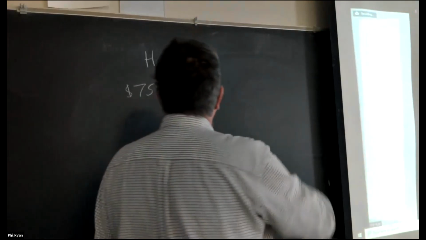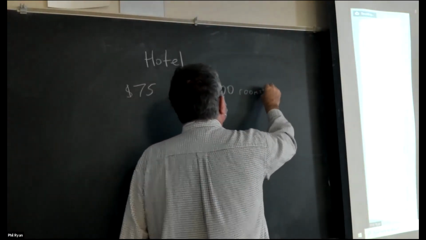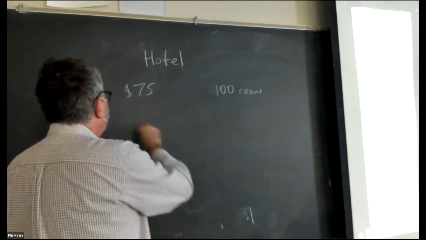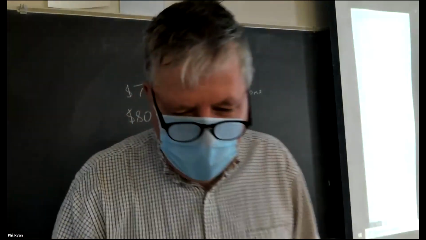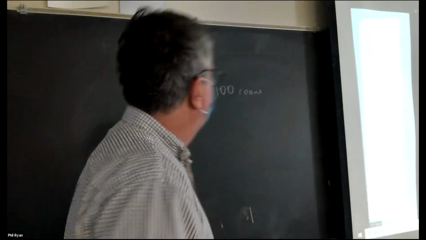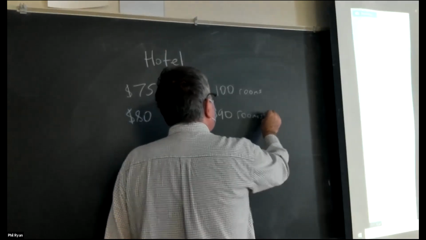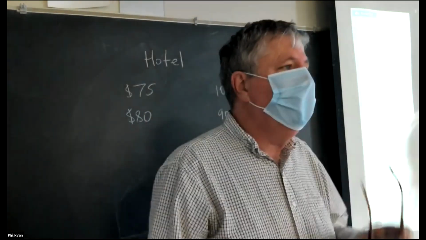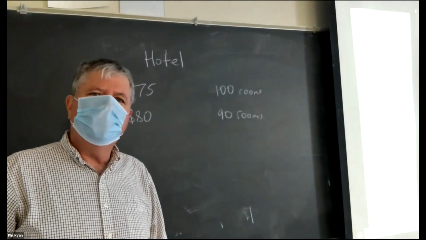At $75, we can rent out 100 rooms. And let's say from experience we know that if we sell the rooms for $80, then we're going to get 90 rooms booked out. Okay, so let's think about, should we do that?